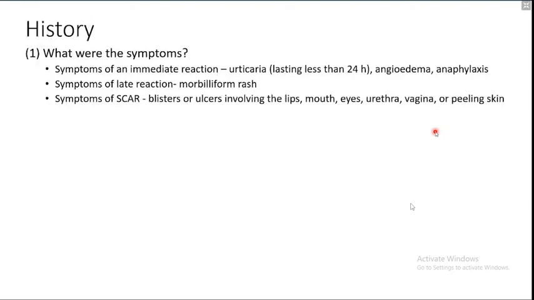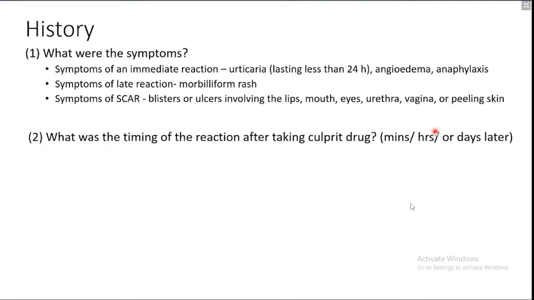Now, history, what are the important points that you have to ask in the history, right? The symptoms, right? What are the symptoms? Symptoms of an immediate reaction, whether the symptoms are of a late reaction, or the symptoms are of a severe cutaneous adverse reaction, which are mainly T-cell mediated, right? So you inquire about the symptoms, right? And then the timing of the reaction, the temporal relationship of the reaction and the drug, right?